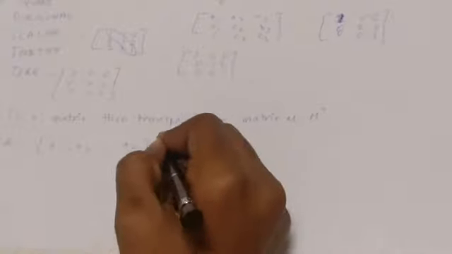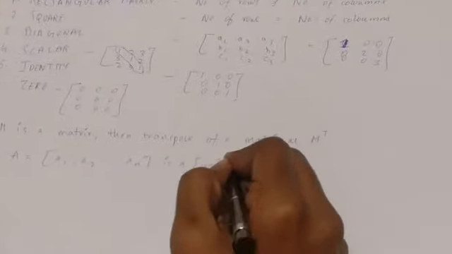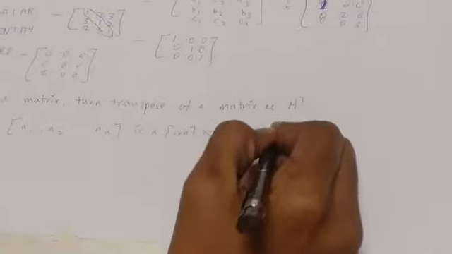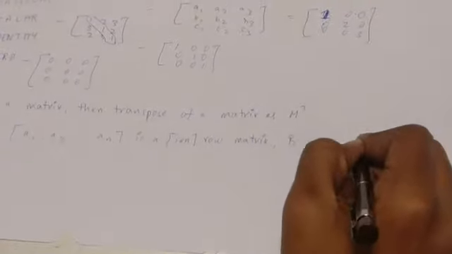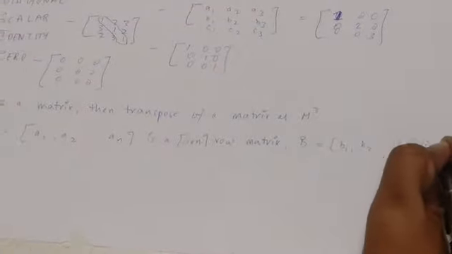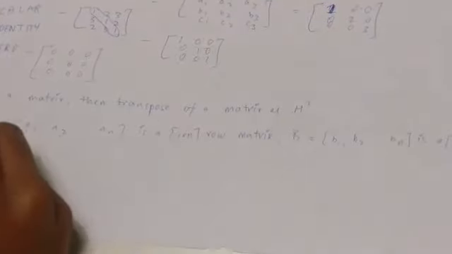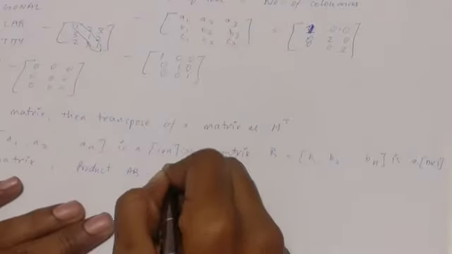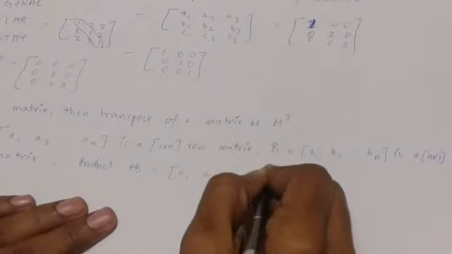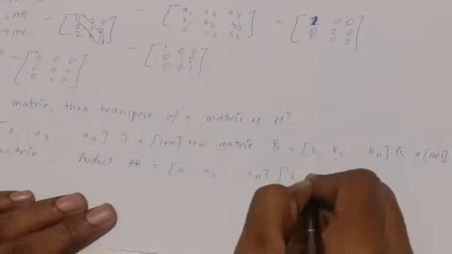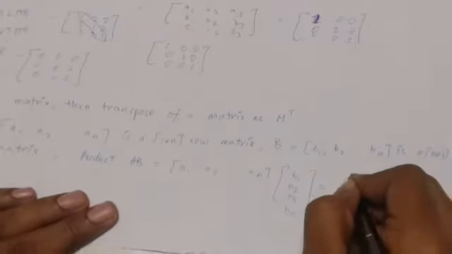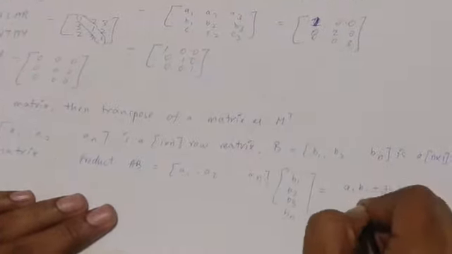For example, if we take A equal to A1, A2, and so on up to An, that is a 1 by n row matrix, and if we take B equal to B1, B2, and so on up to Bn, which is an n by 1 column matrix, then the product AB is defined as A1 B1 plus A2 B2 and so on up to An Bn.